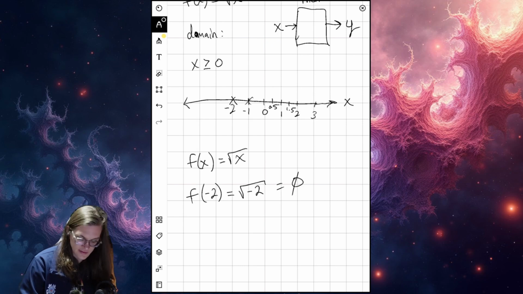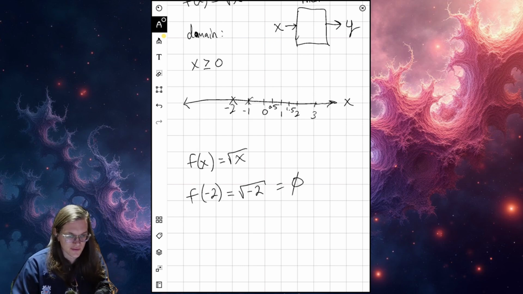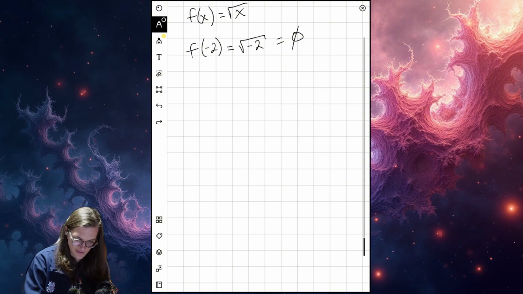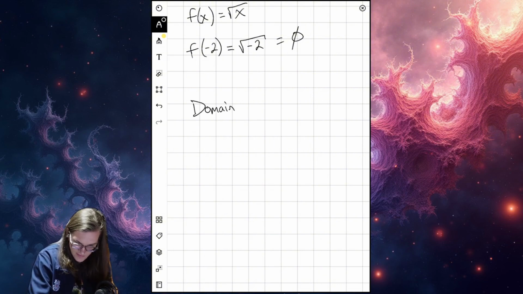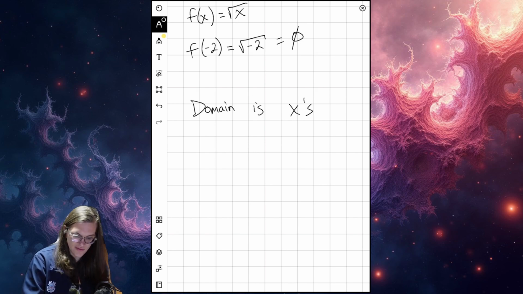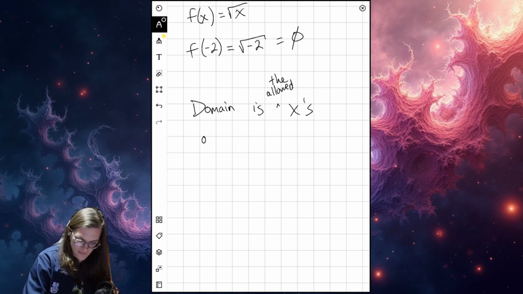I just write it like this. It's a lazy way to say no solution, but so that's a domain. That's the technical definition, an example, and you know, domain is the allowed x's of a function.